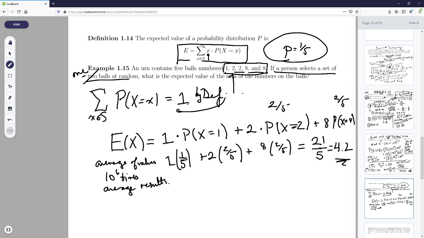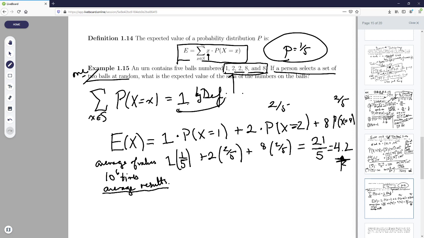So you can get the expected value. It's possible that the expected value could have turned out to be 2 or 8 or 1, theoretically. In this case, it's not, but you can't expect to get the expected value. What it basically means is if you do the trial 1,000,000 times and then average the results, you expect the average to be about 4.2.